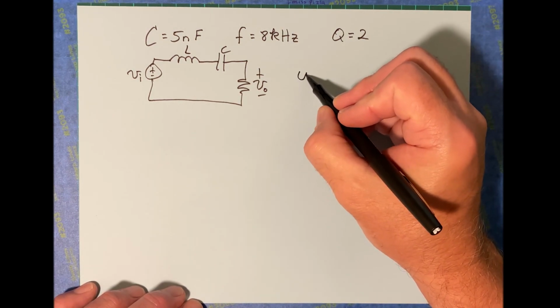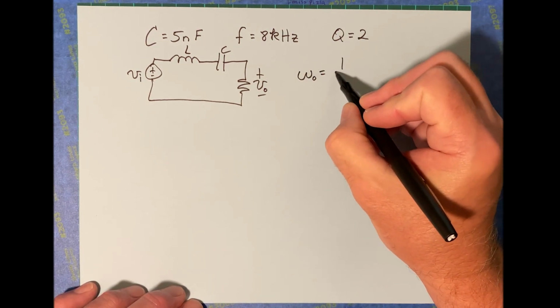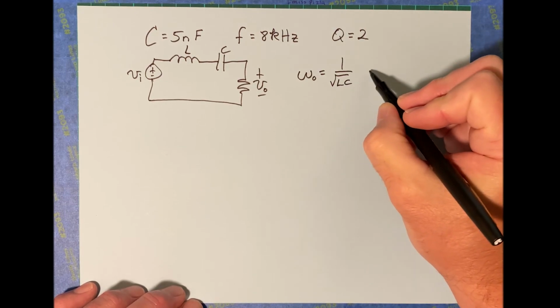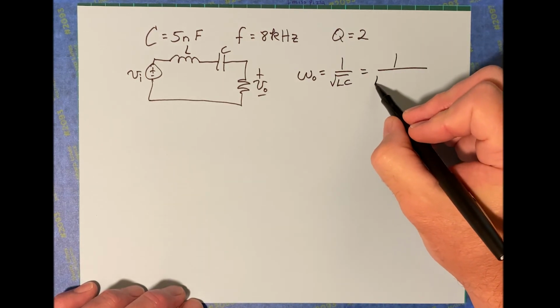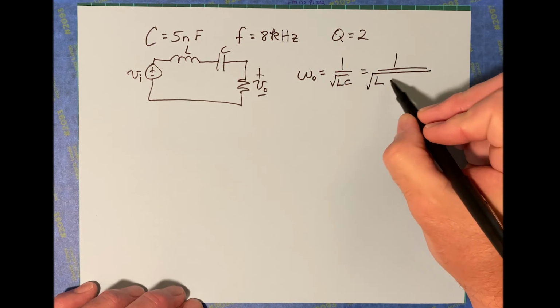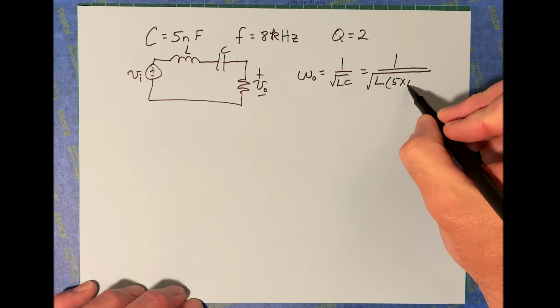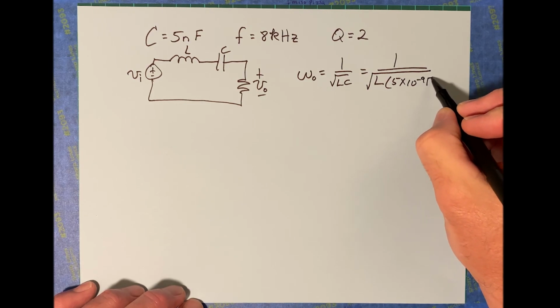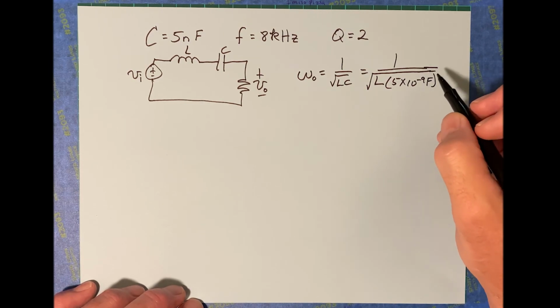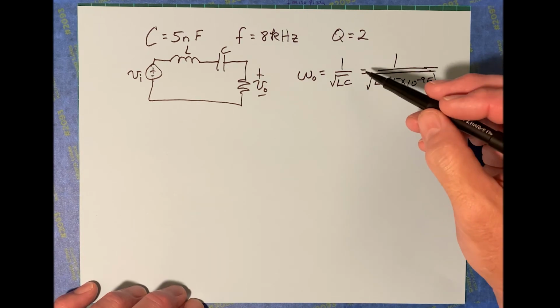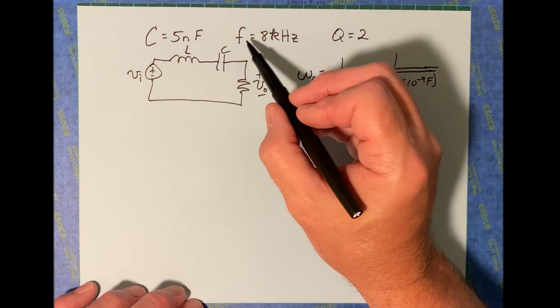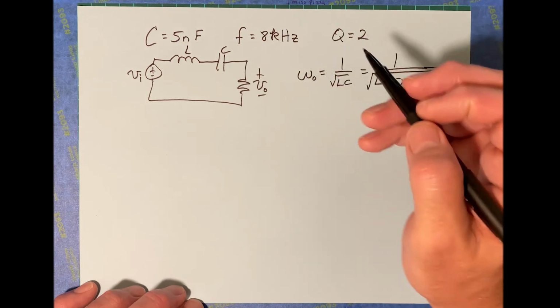Okay, well, omega naught, that's 1 over the square root of LC, which is 1 over square root of L times our C, which is 5 times 10 to the minus 9 farads there. Okay, that's what omega naught is, but this is not omega naught, that's the frequency.